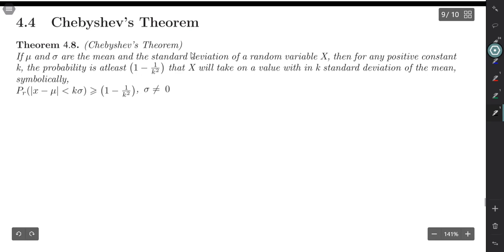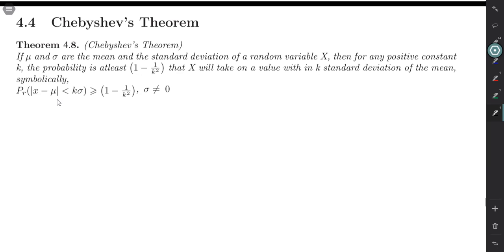So what all these lines are saying is the probability that the absolute value of X minus mu is less than k times sigma is greater than or equal to 1 minus 1 over k squared.